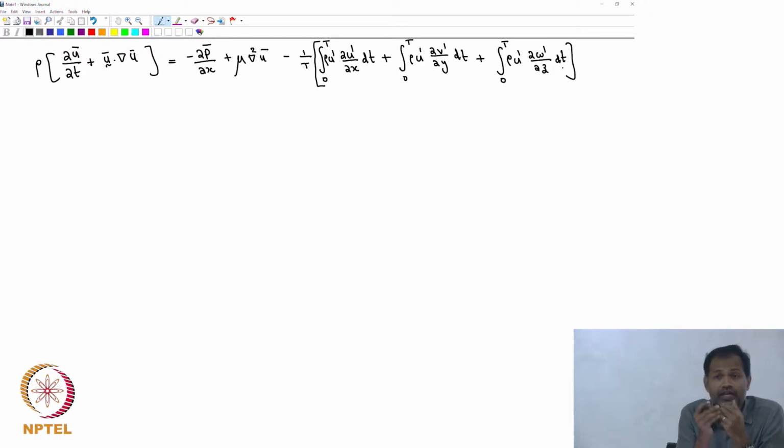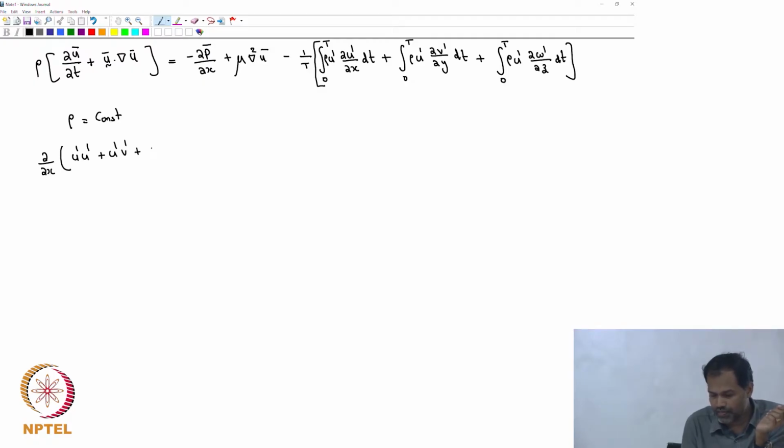Let's say we are looking at incompressible fluid. Okay, we are going to look at rho being constant. So rho is a constant. Let's see what is del by del x of u prime u prime, plus del by del y of u prime v prime, plus del by del z of u prime w prime.